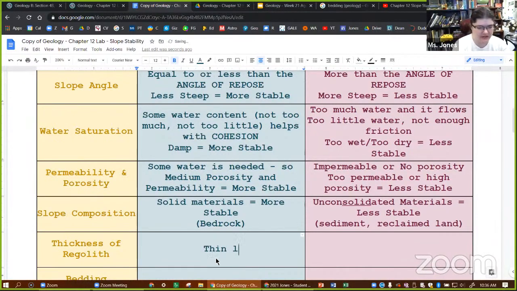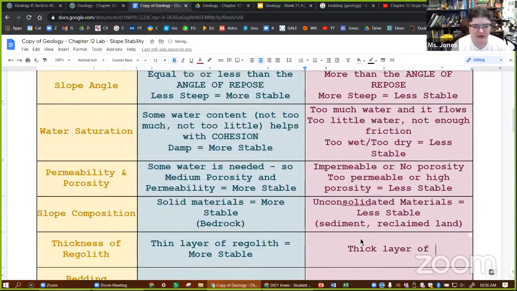So a thin layer of regolith equals more stable. A thick layer of regolith can get too heavy, less stable.